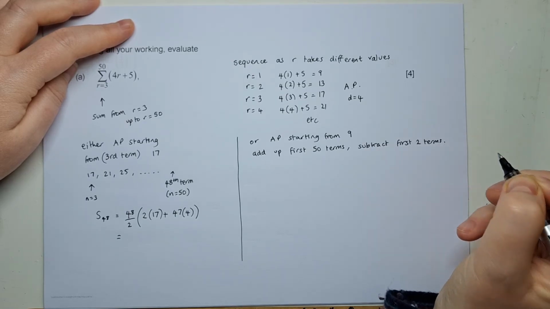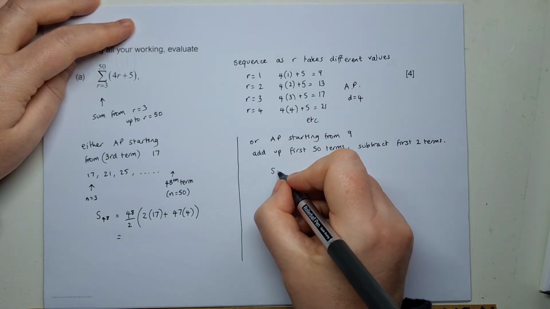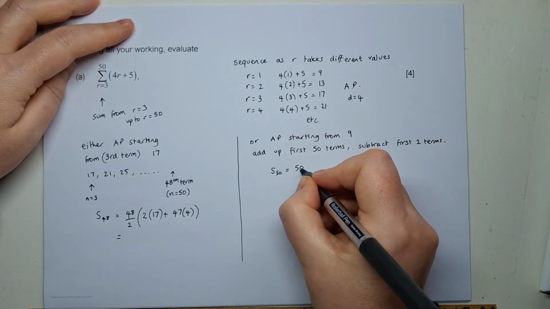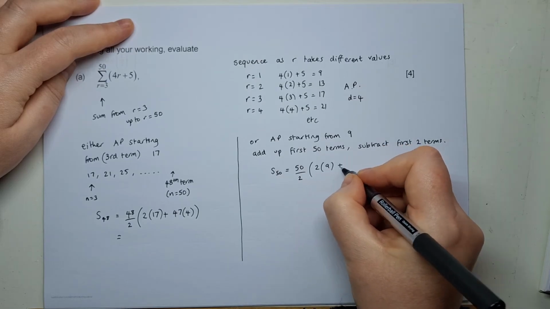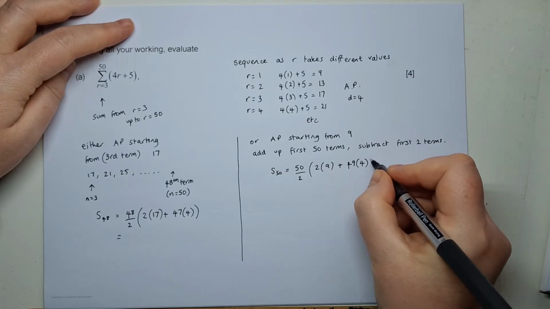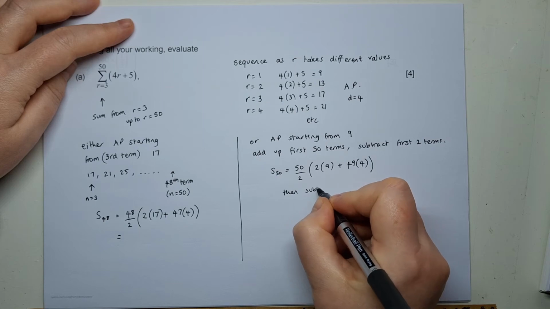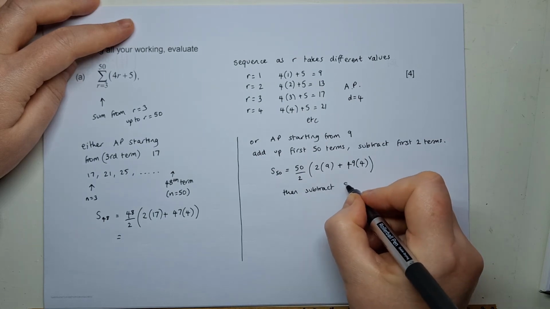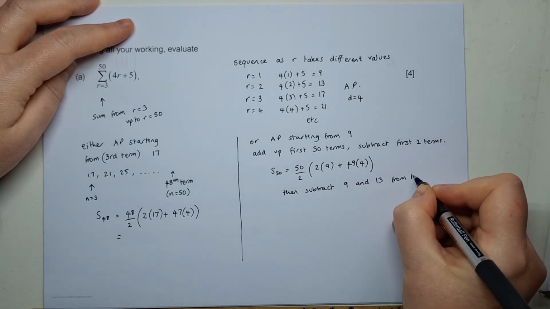So therefore you have the sum from the third term to the 50th term. So you could do S50, n over 2, 2 lots of this a plus this n minus 1 times the d of 4, and then subtract the 9 and the 13 from the total.